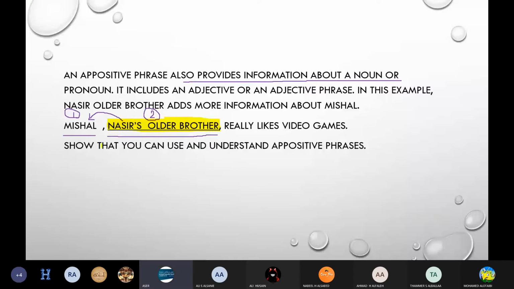We just added Nasser's older brother because it adds more information about the first noun. Yet this extra information can be ellipsed. And because they can be ellipsed, we use two commas between them. While giving extra information in a sentence, you must include it between two commas, because those two commas tell the reader that this is extra information. You can ellipse it from the sentence, and the sentence still makes sense.